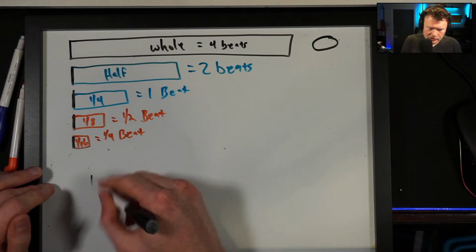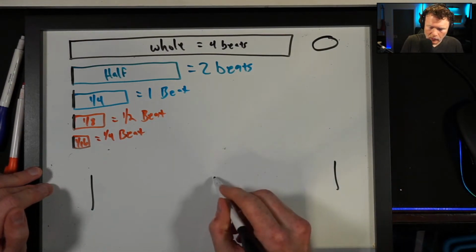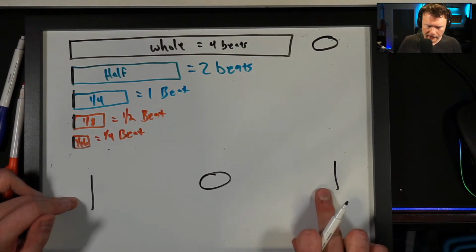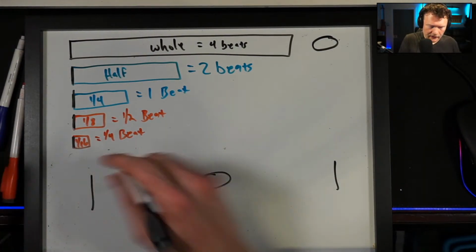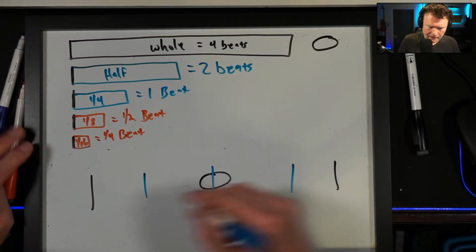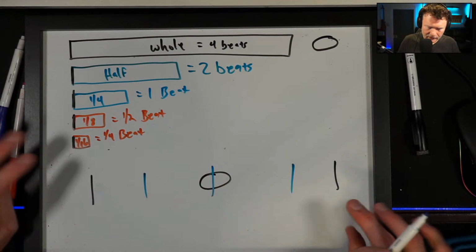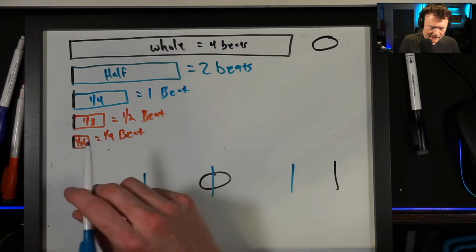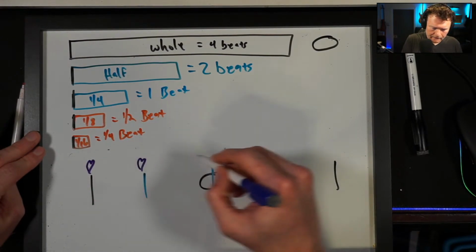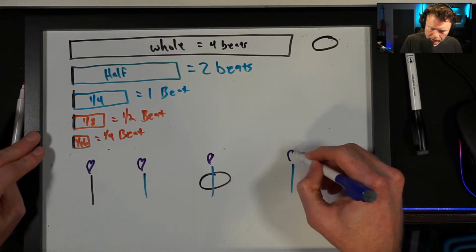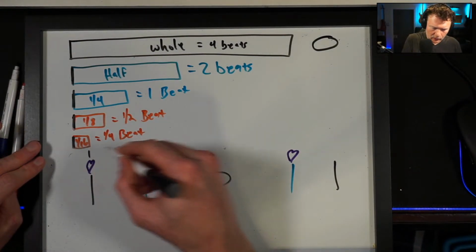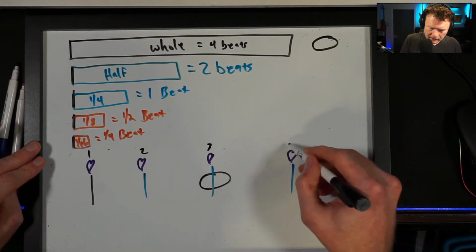So if you see a measure that's written down, and it's got a whole note, a circle like that, that means that note is taking up the whole measure. Remember that there are these invisible beats taking place here. One of the things that throws people off sometimes is that the pulse is still right here, 1, 2, 3, 4.